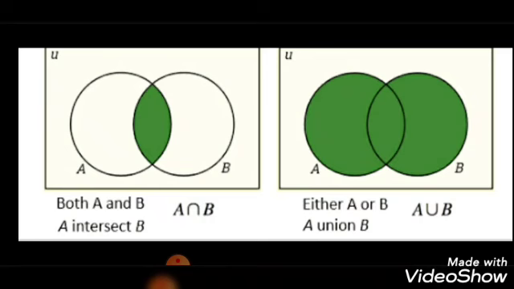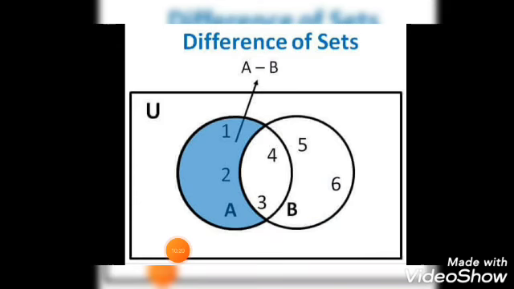See the difference of sets. Sorry, I forgot to tell you the difference of sets. The difference of sets: in two sets, eliminate the common elements and write the elements of the first set. Means if we take two sets and there are any common elements, eliminate the common elements and write the elements of the first set. If we take sets A and B, A contains 1, 2, 3, 4 and B contains 5, 6, 4, 3.